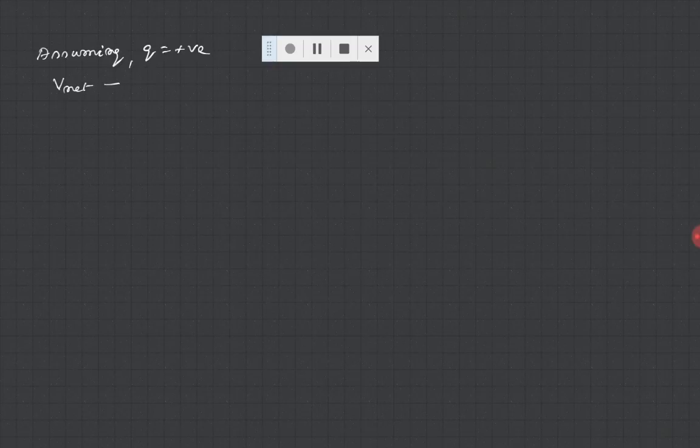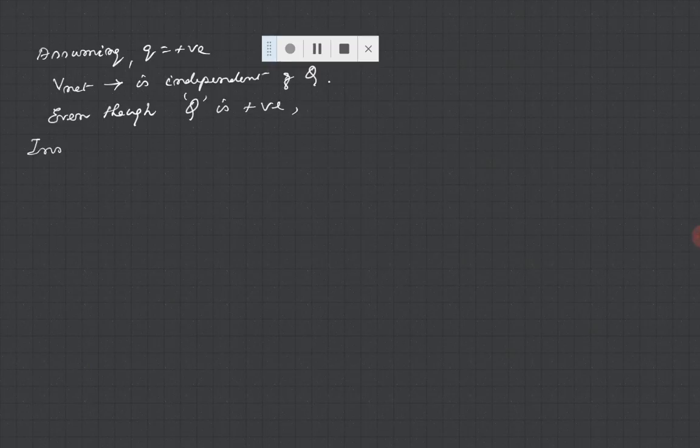Now assuming that small q is positive, we know that V net, the net voltage, is independent of capital Q. Even though capital Q is positive, the inner sphere is always at higher potential.